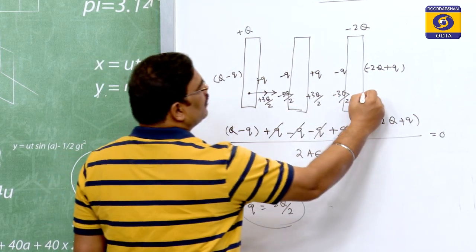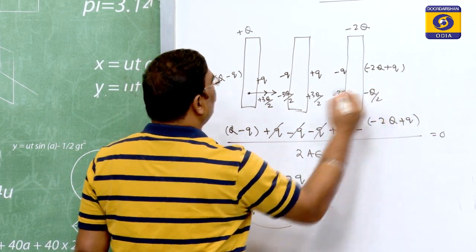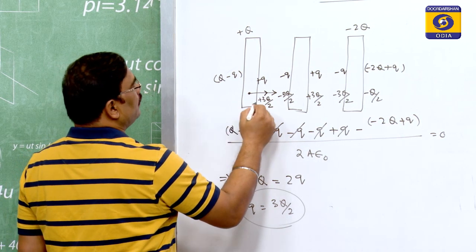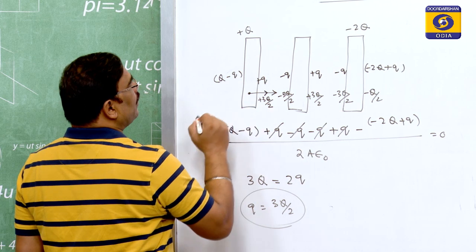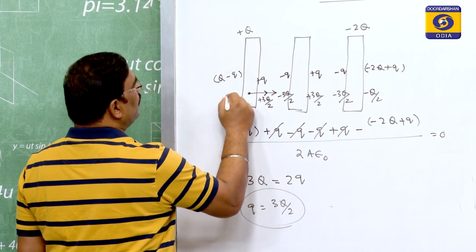So, obviously, this is minus Q by 2 and this is Q minus 3Q by 2, it is minus Q by 2.